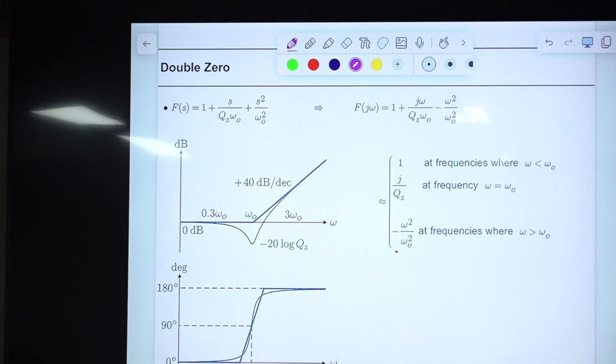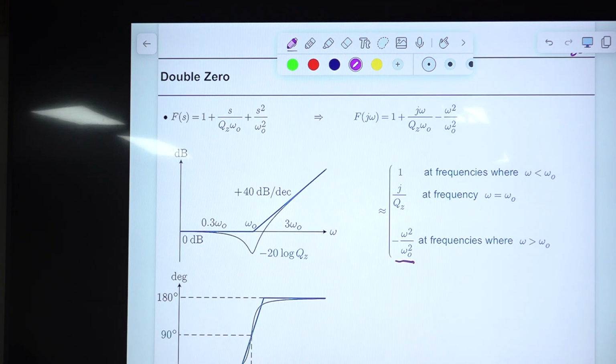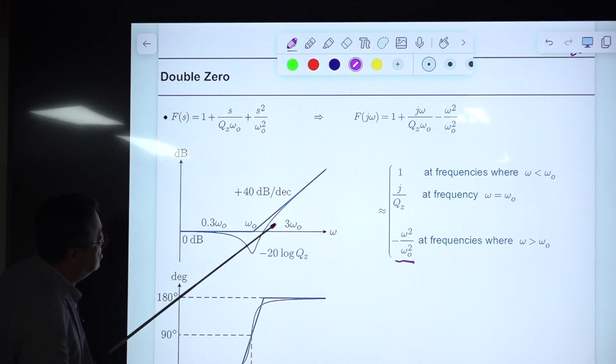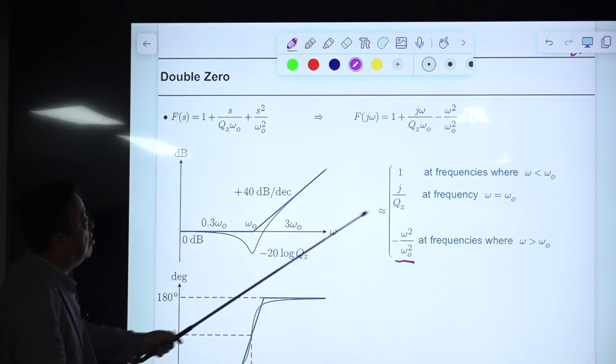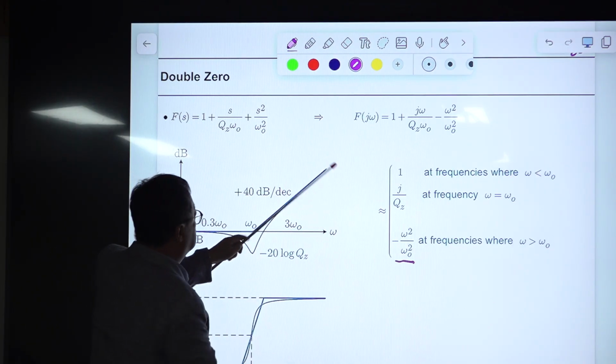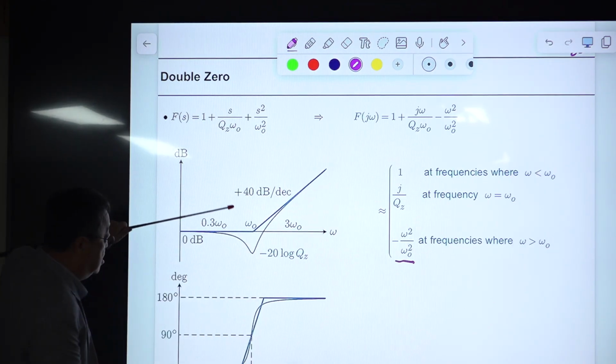And this is double integration and double differentiation, and it passes this omega naught here. This part of the asymptote is this one, and the remaining part is this.